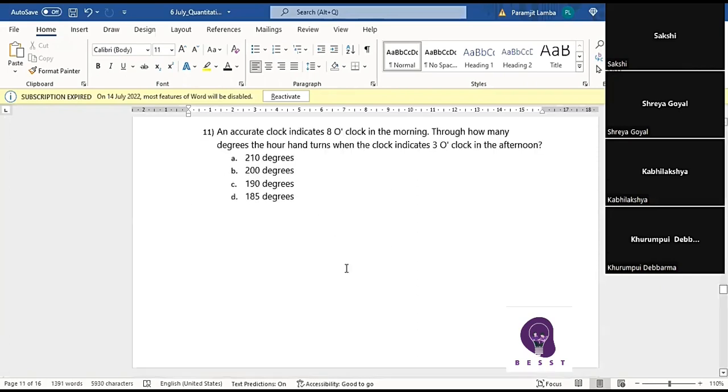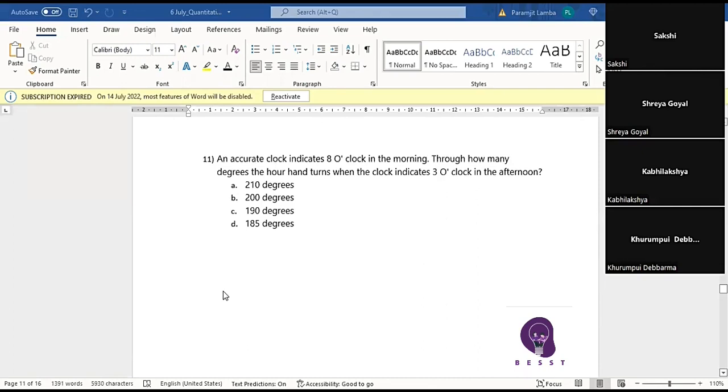Now, the 11th question is, an accurate clock indicates 8 o'clock in the morning. Through how many degrees does the hour hand turn when the clock indicates 3 o'clock in the afternoon? In the morning at 8 o'clock, the clock is here. An easier way to do this is, from 8 o'clock to 3 o'clock, there are 7 hours.